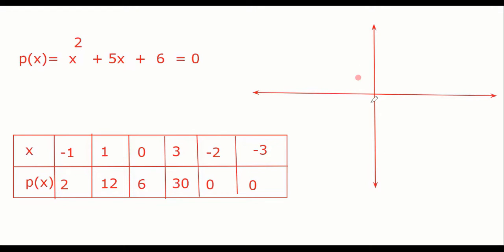Then 1 and 12. 1 12 बहुत ऊपर जाएगा, right? Say 1 and 12 is somewhere here. Then 0 6. 0 6 somewhere here, suppose. 3 and 30. 3 30 तो बहुत ही ऊपर चला गया यहाँ पे. I don't have a scale, guys, but assume कि it's going very up. I'm just putting by default here.